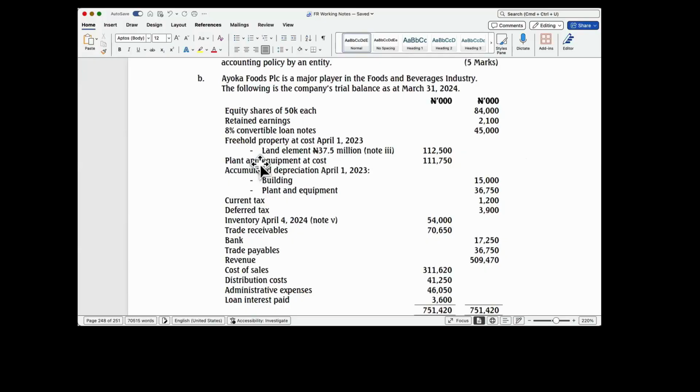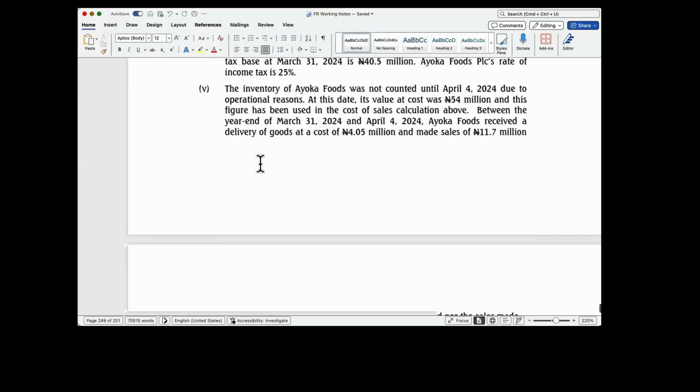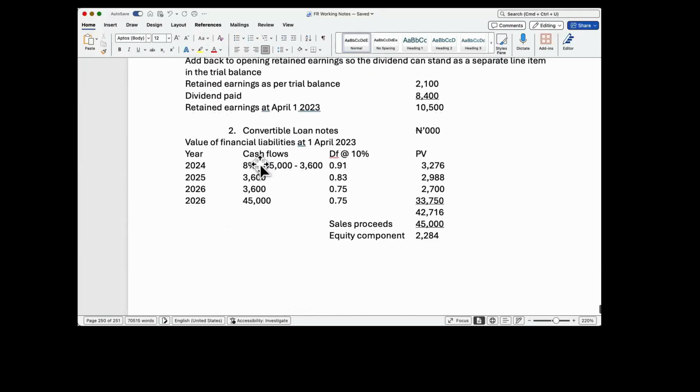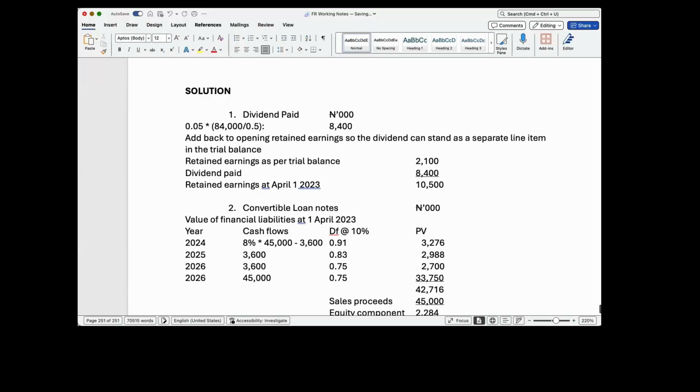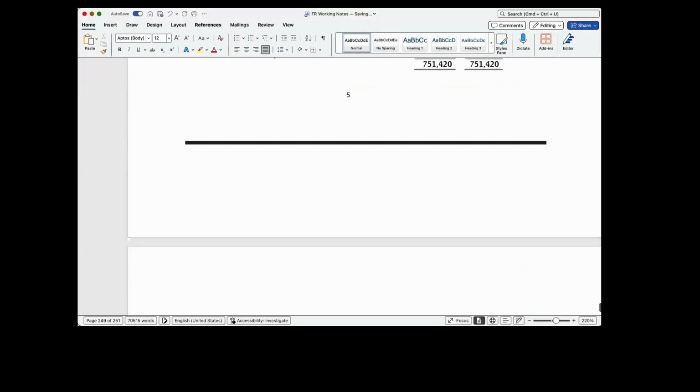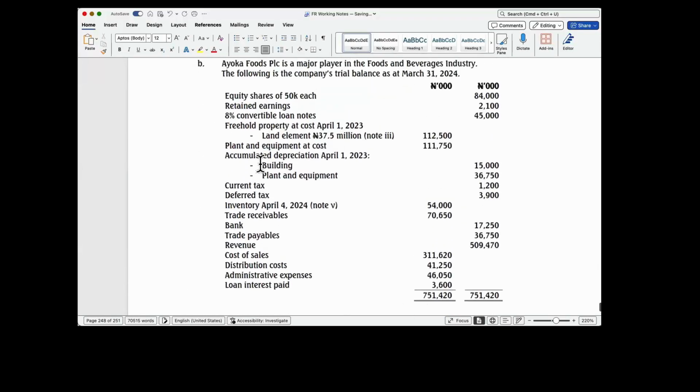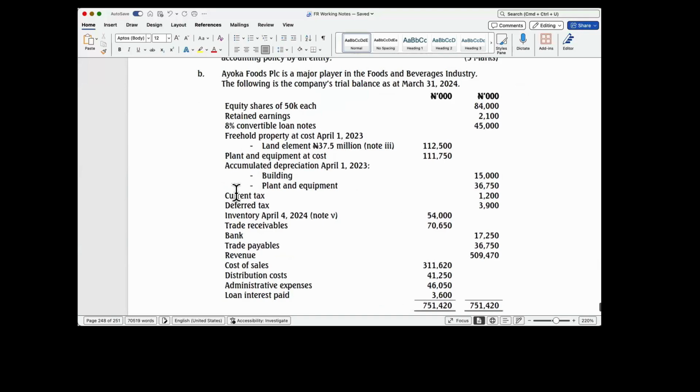What's the cost of this asset? 112,500. Deduct the accumulated depreciation on this asset, the freehold property. The accumulated depreciation at the beginning of the year, can you see it? 36,750.